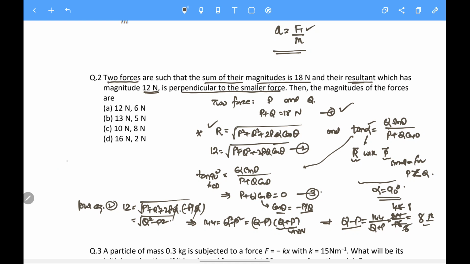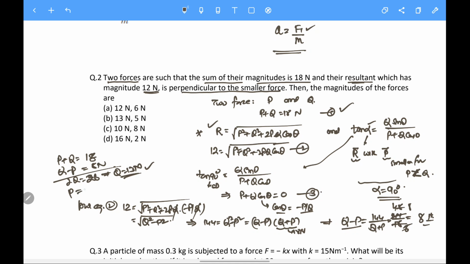So using these two expressions, we can finally find the value of P and Q. Adding, P and P will cancel. So 2Q equal to 26 implies that Q equal to 13 Newton. And put this value of Q in first equation.